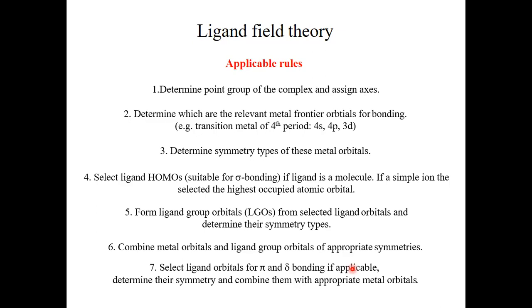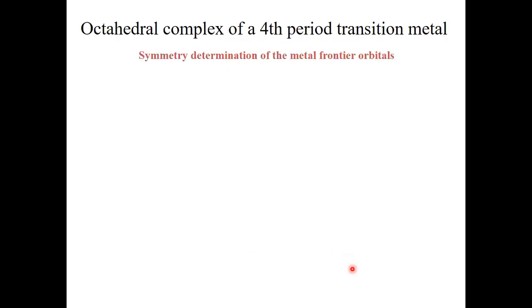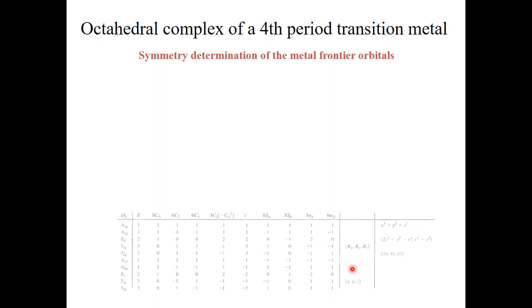So let us apply these rules step by step. Let us first consider an octahedral complex of a fourth period transition metal. So of course we will be in the point group Oh, and the axes are easy to determine. They just point into the direction of the ligands. So the next thing you have to be clear about is what are your metal frontier orbitals.